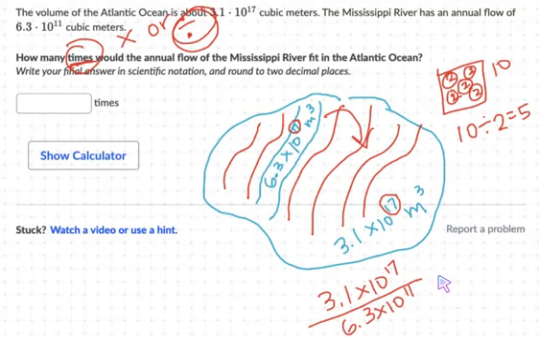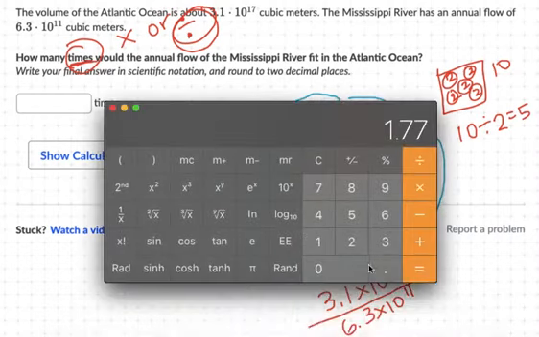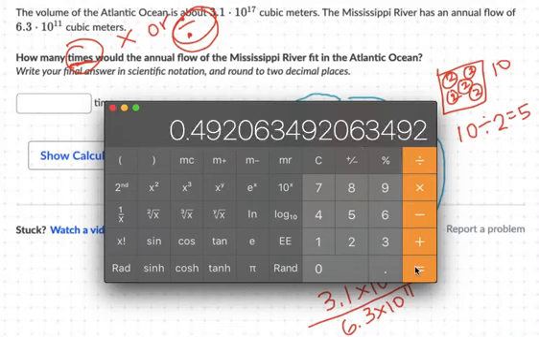So if you remember from before, with multiplying and dividing, you use normal multiplication and division for your first numbers and your shortcut for your exponents. So this becomes whatever 3.1 divided by 6.3 is. And remember they said to round to the nearest 2 decimal places.